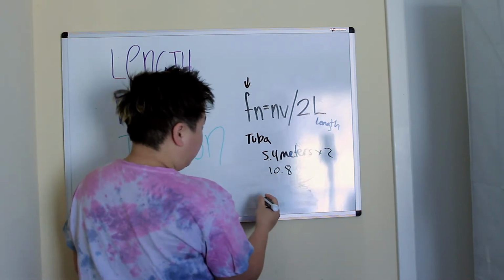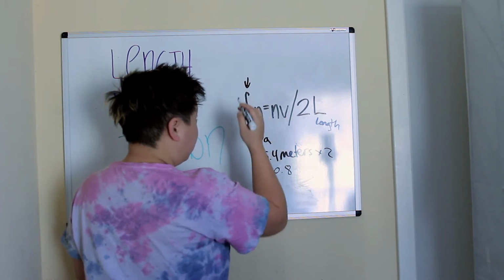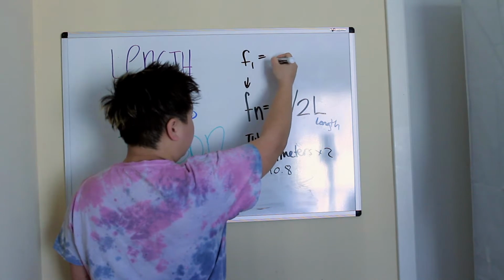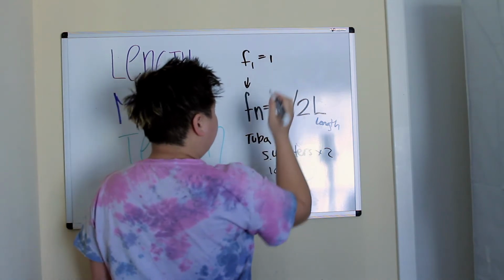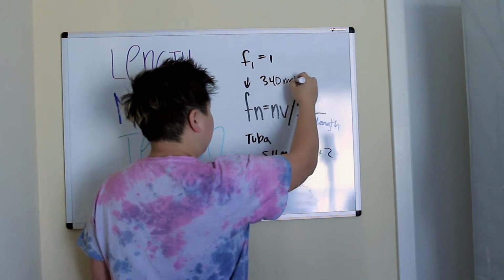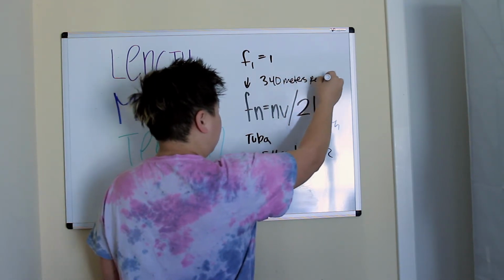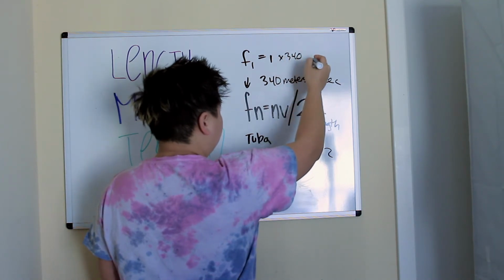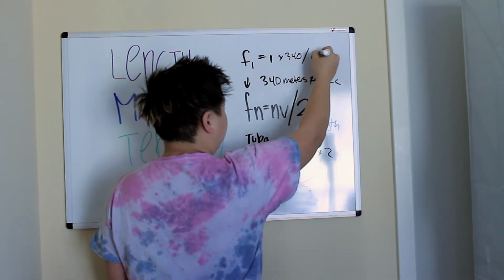So you got 10.8. We're trying to find the first fundamental, so F1 equals 1 times the speed of sound, which is 340 meters per second, divided by 10.8.